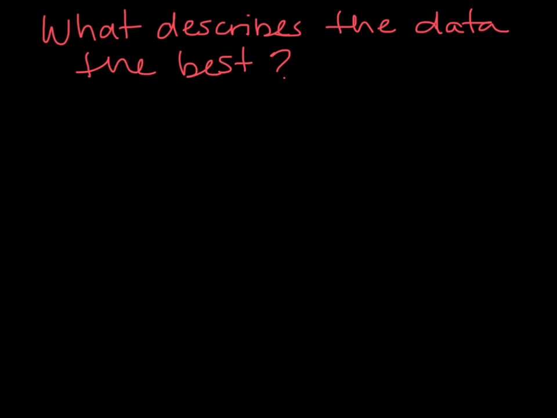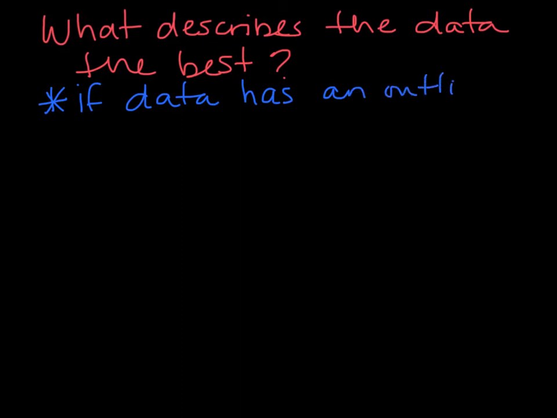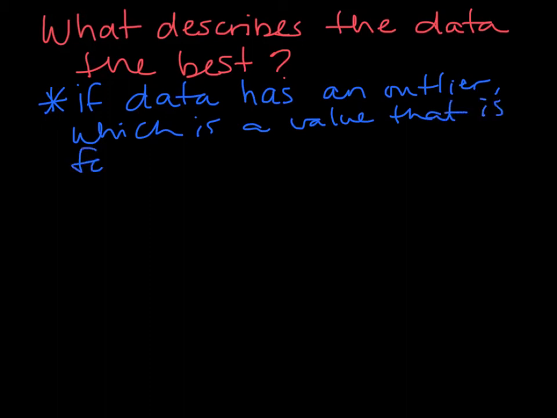Okay, so let's go through what we just said. I'm going to put a little asterisk here. If the data has an outlier, let me put what that is: a value that is far removed from the rest of the data.